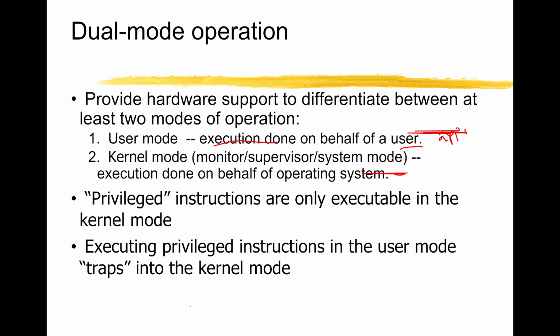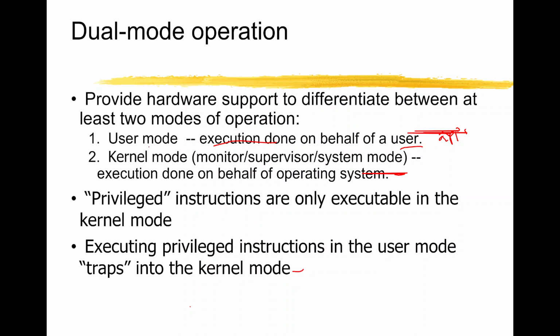So usually the operating system handles this kind of situation. Privileged instructions are only executable in the kernel mode. Executing privileged instructions in the user mode traps into the kernel mode. So for things like print, when you want to use the screen or a printer, the kernel has to take charge so it does not cause confusion, because other devices are also using that.